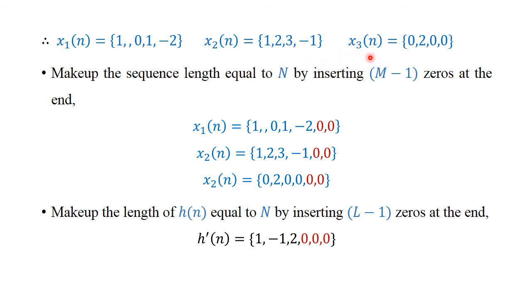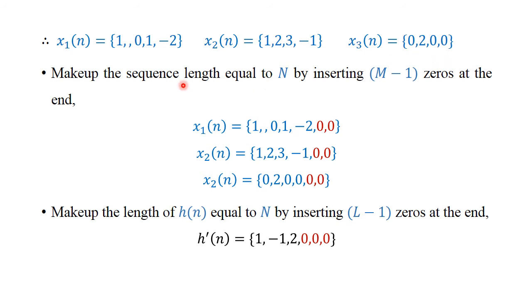So x3 of n will take only 2 values from x of n. But as per the procedure, all these sequence lengths must be common, so we cannot keep x3 with only 2 values. We must complete it to length 4 by inserting as many zeros as required. Therefore, 2 additional zeros are inserted at the end so that the sequence length becomes equal to 4.